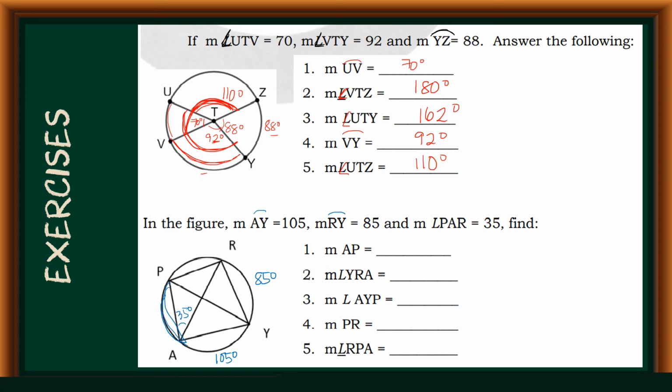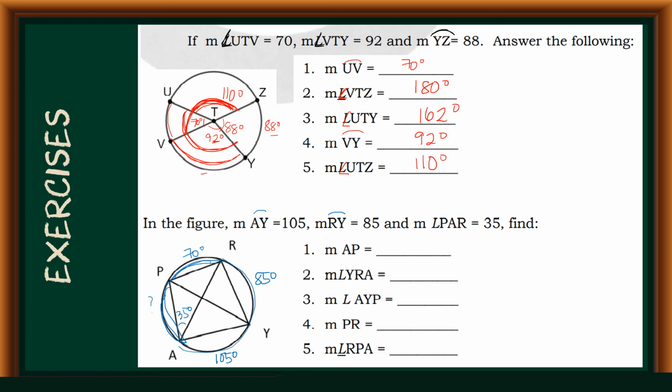Okay, kompletuhin muna natin. If this is 35, ano ang measurement nito? Yes, 70. Kasi the measurement of the inscribed angle is half the measurement of its intercepted arc. Now, note that meron na tayong 70, meron na tayong 85, at meron na tayong 105.